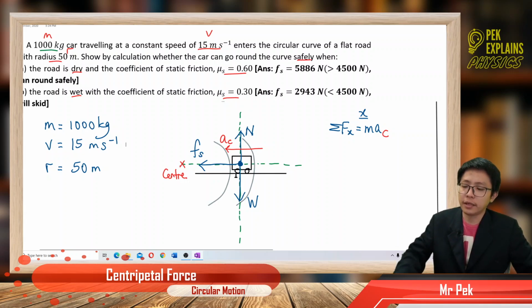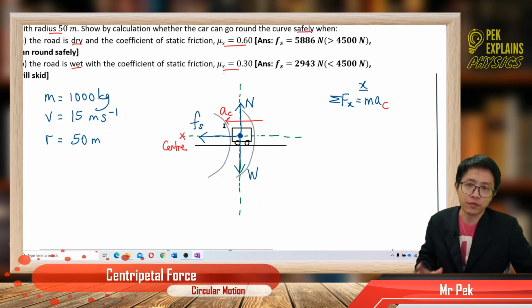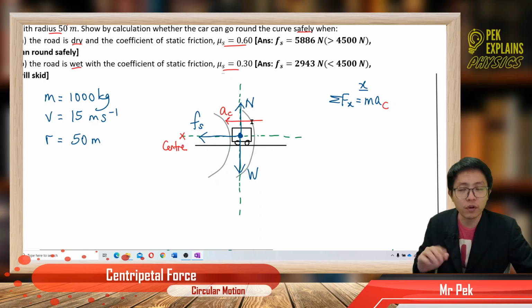All right, then the centripetal acceleration. Just like chapter 4, we have all the forces, and we also draw the acceleration. So this chapter 6 is the same as chapter 4. We also draw acceleration, but our acceleration is called the centripetal acceleration. So it has a resultant force because it has acceleration.